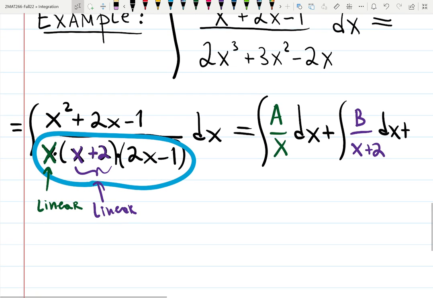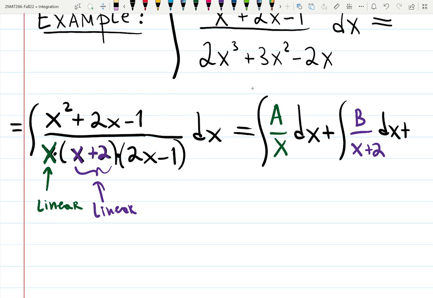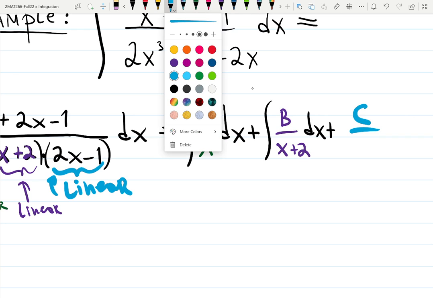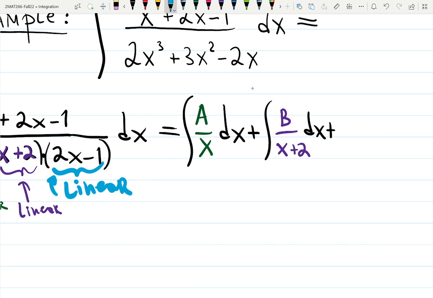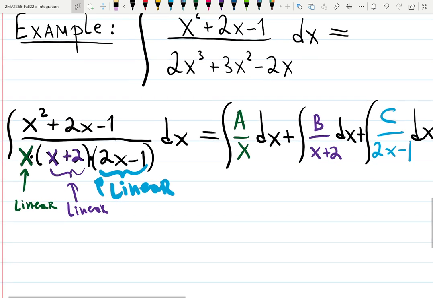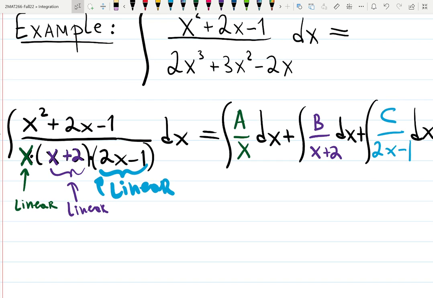Plus, the last piece is also linear. Linear means not quadratic, not cubic, not square roots. So that's going to be C over 2x minus 1, and it's the third integral. Partial fraction decomposition decomposes a fraction into partial fractions. So now I have 3 smaller integrals.